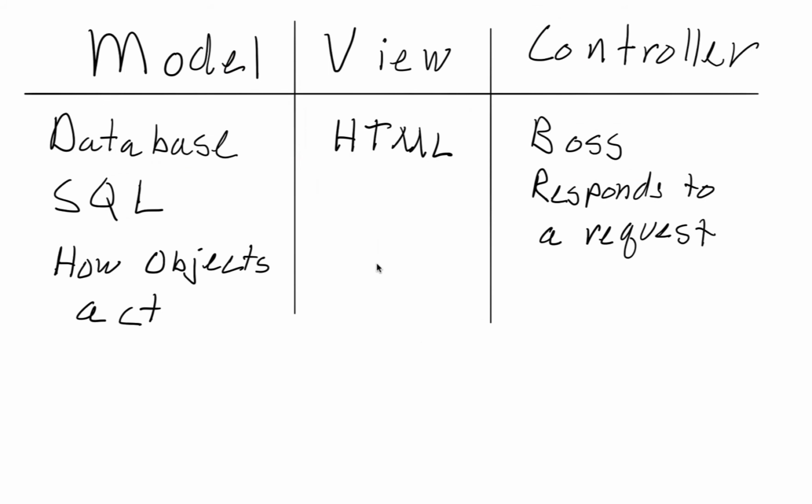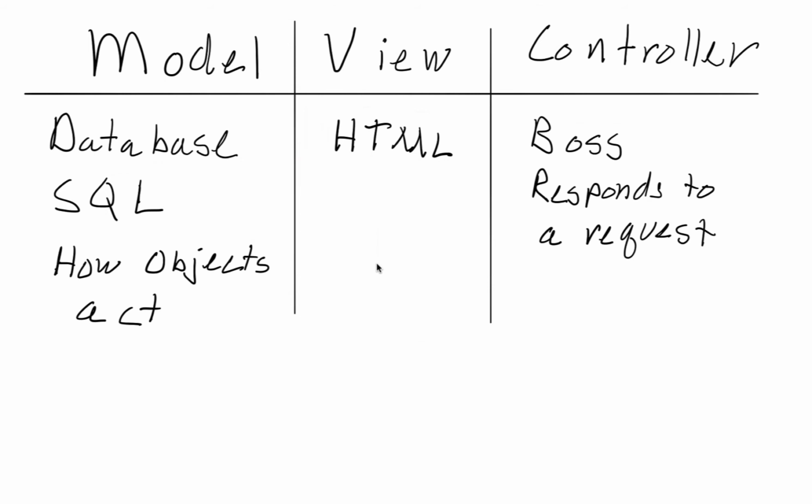Now, after the controller instructs the model to either give it information or update information that it stores, the controller will then choose which view to send back, or what to send back to the user in response to his request. So usually it will choose an HTML view and send that back to the user.